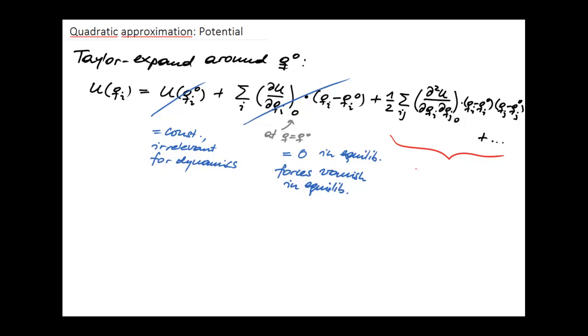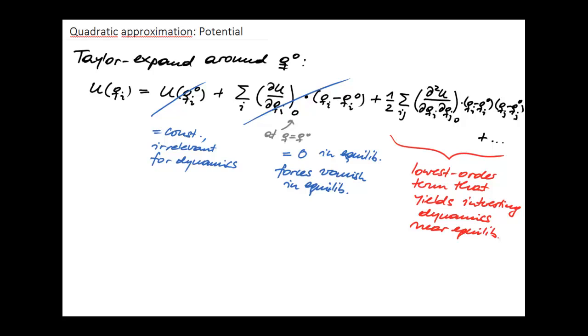So this is the lowest order term that yields interesting dynamics near equilibrium. And now, since we want to restrict ourselves to the dynamics near equilibrium, we will focus on that second order term.